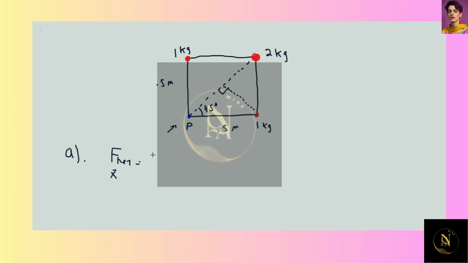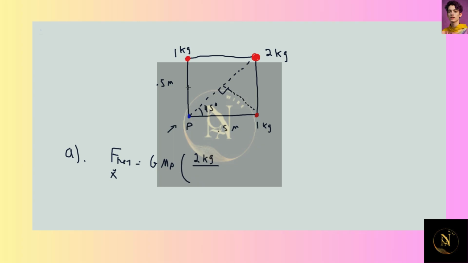And so we have the gravitational constant, times mass p. Now let's start with the 2 kilogram mass. That's pulling along this line, so we've called this the positive x direction. And so we have its mass of 2 kilograms, and now we need to divide by the distance squared.